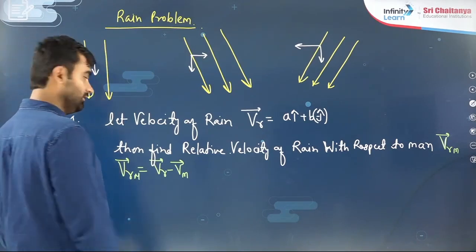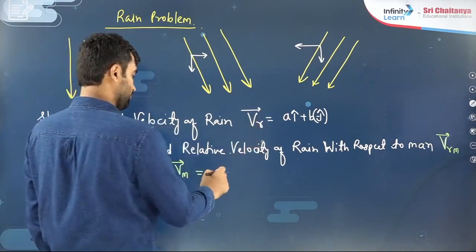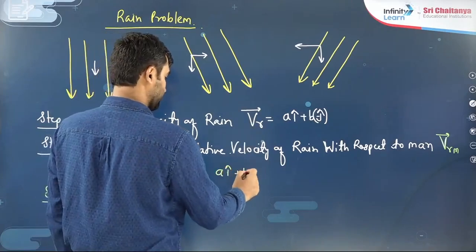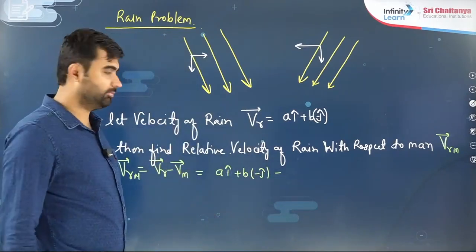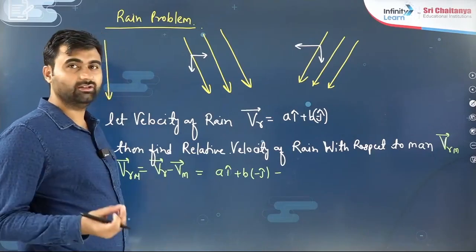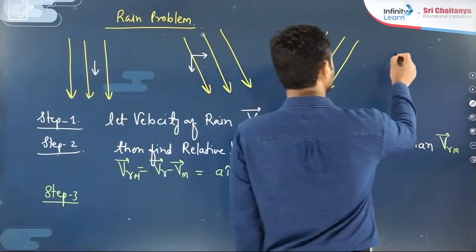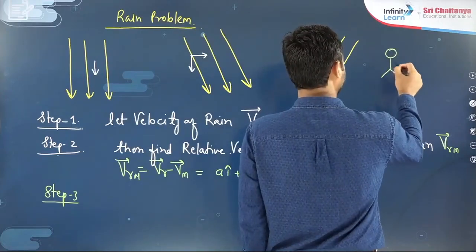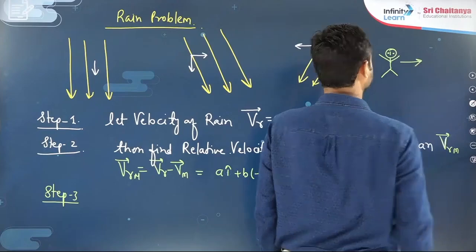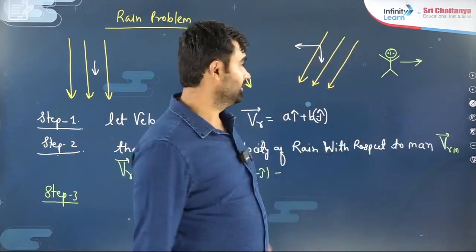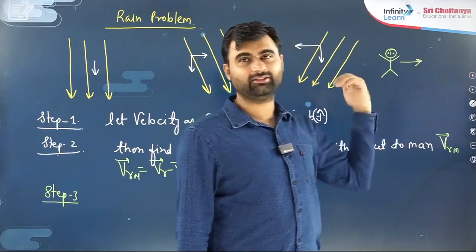Step 3: here we can put the values. VR is equal to a i cap plus b minus j cap. And VM, the velocity of man: how can a man move? A man can move in the horizontal direction, in plus x direction or minus x direction, right?